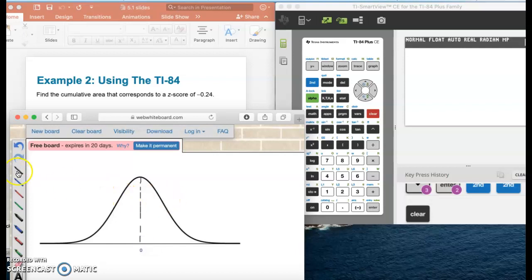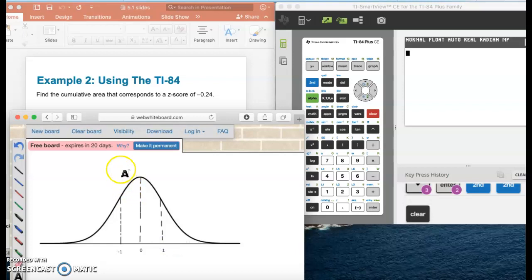And we have a standard deviation of 1, so one standard deviation above the mean is 1, and one standard deviation below the mean is -1. So below the mean we have -1, and above the mean we have +1.